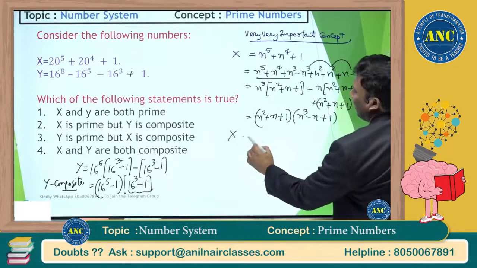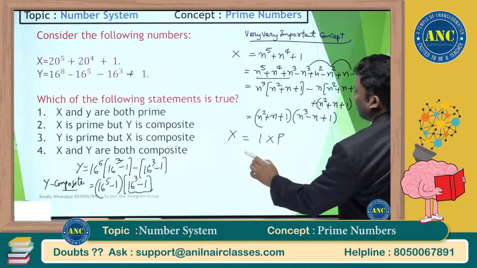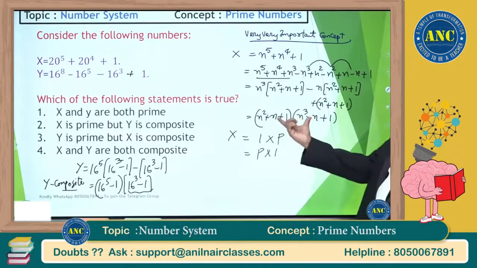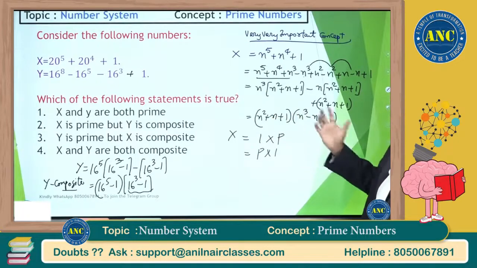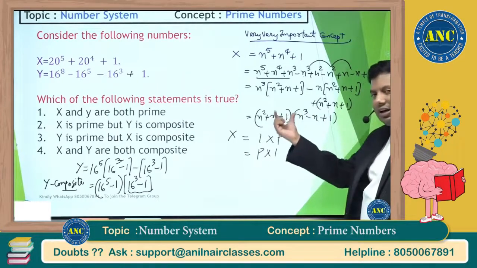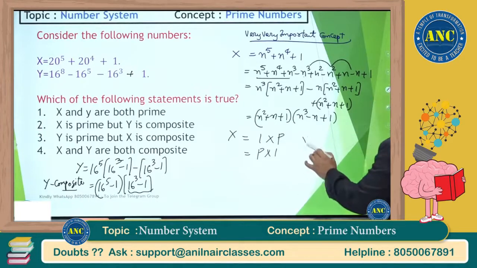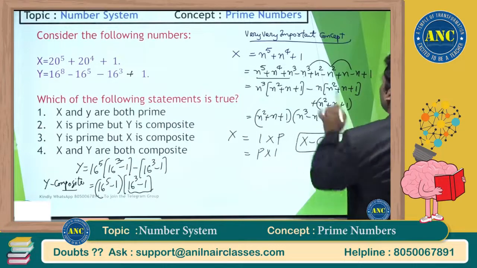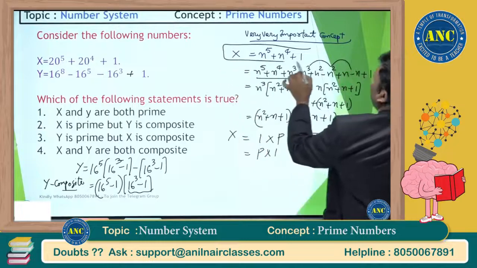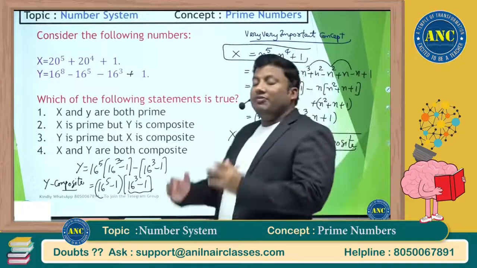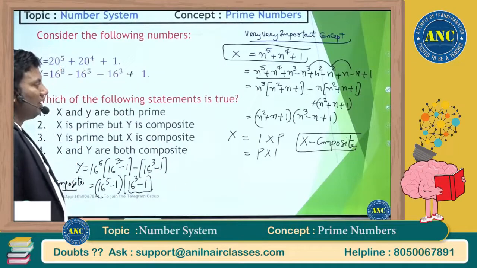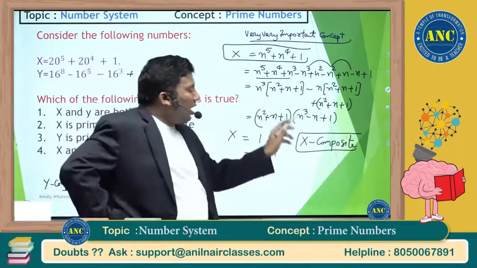If x is a prime number, it should have factors 1 into p or p into 1. But it has got factors other than 1 into p. There is no factor 1 in both the numbers. That means x is a composite. Very, very important concept. If there is a number of the form n power 5 plus n power 4 plus 1, this is a composite number.